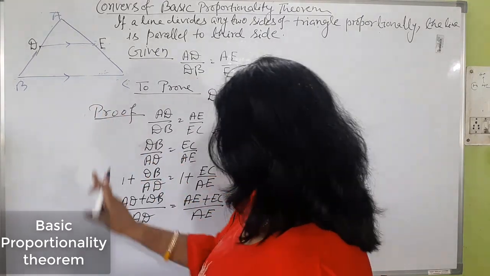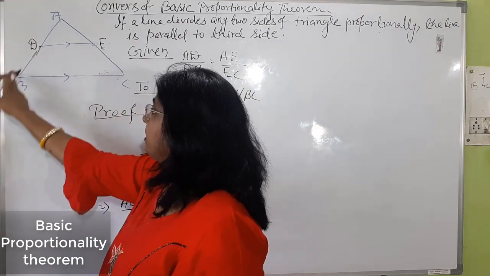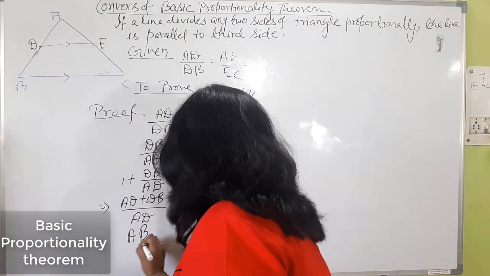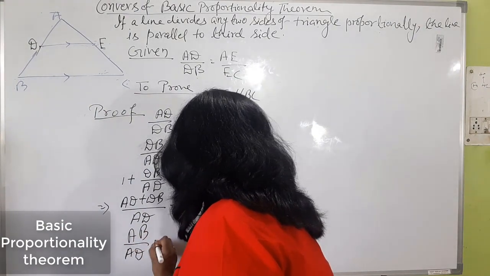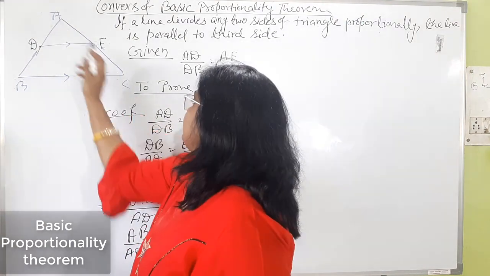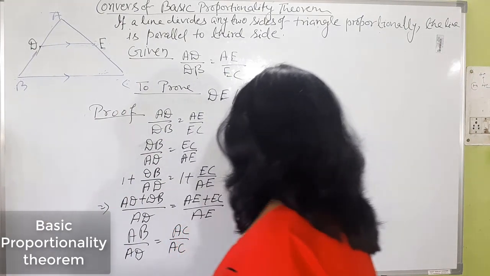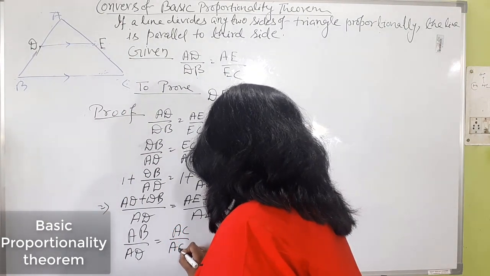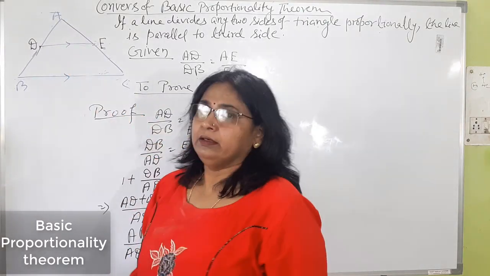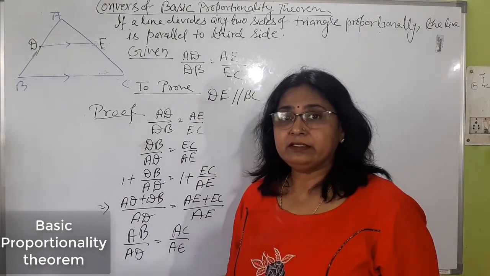Now see in your diagram, AD plus DB means side AB. So we can write AB by AD is equal to AE plus EC, that means AC, by AE. AC by AE.